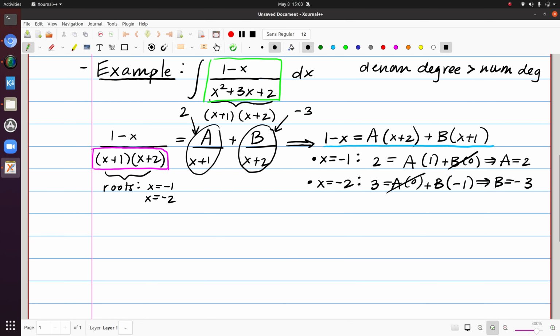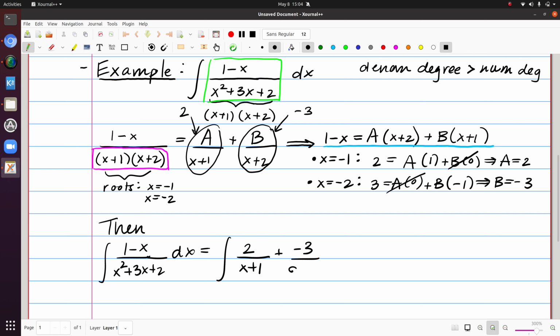So what does this tell me? This means then that the integral that I'm trying to find is equal to the integral of a, which we said was 2, over x plus 1, plus b, which we said was -3, divided by x plus 2.